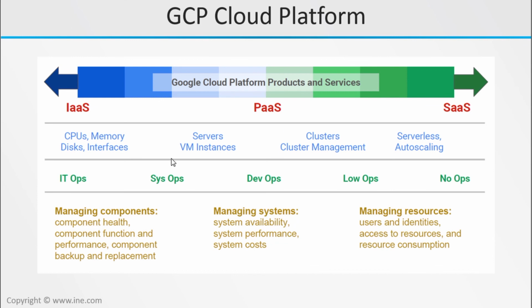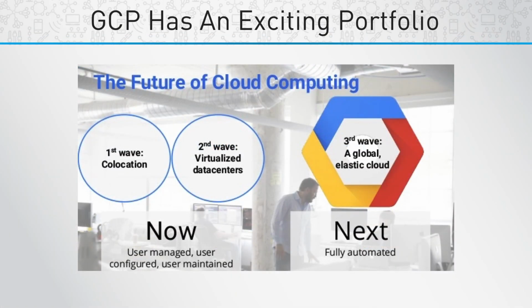Then when we get to platform, that's, again, more sort of in the middle, where you could control the solution to a degree. We'll talk about how storage fits in here, whether that's a low ops or is that more of an IT ops, and some areas you may want to look at. GCP has an exciting portfolio. Let's proceed and talk about it.